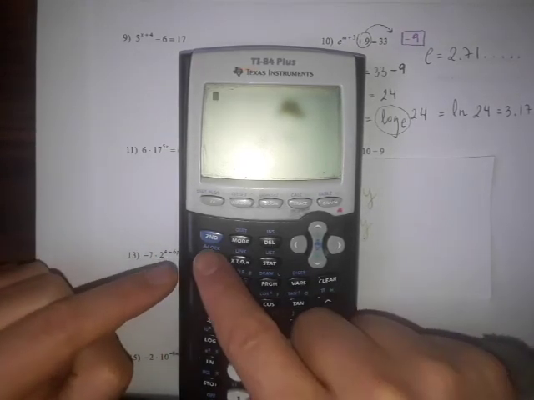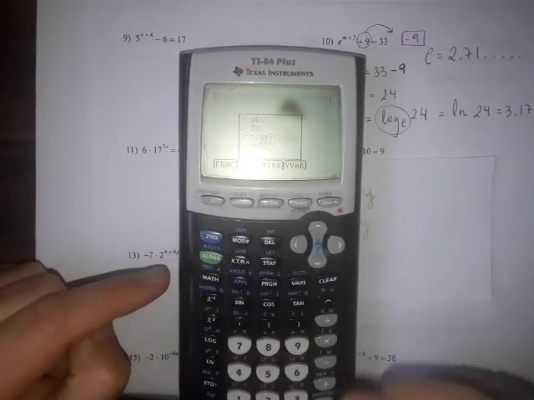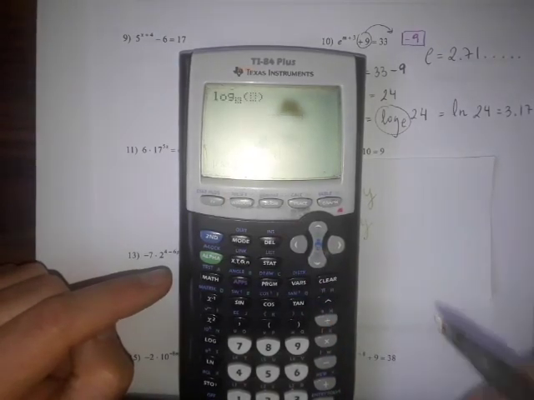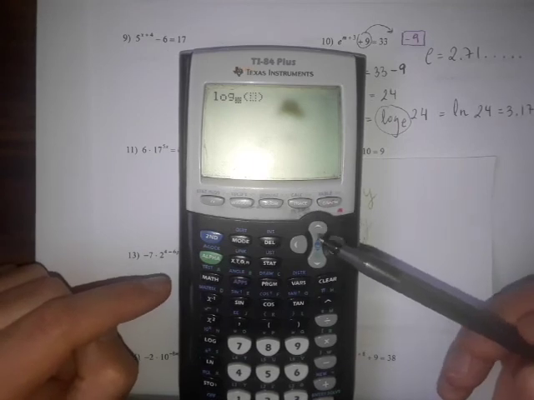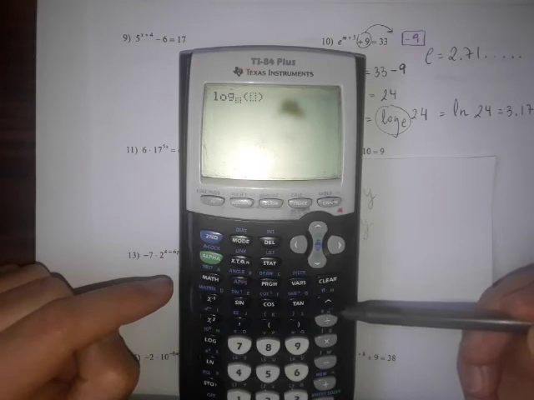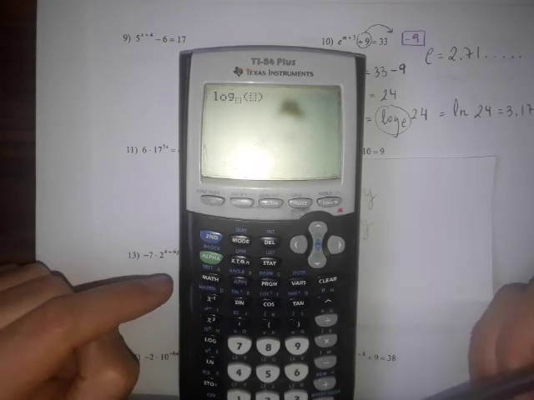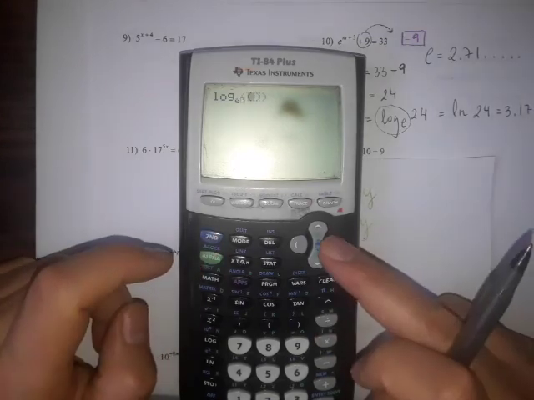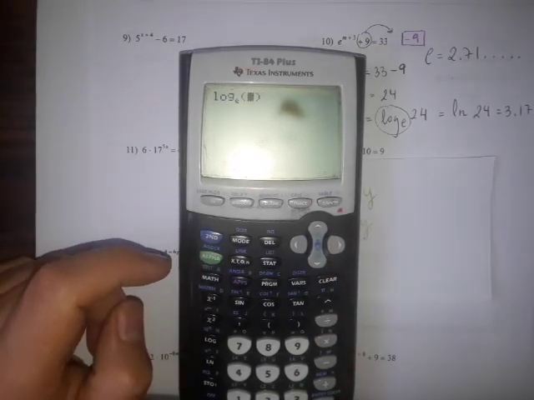So alpha f2 log base, and then on the calculator we have the e number in here. See that in the division? Just on top of the division, the blue one, that's the e. So we do second e. Here we go. That's base e, and then just the number 24.